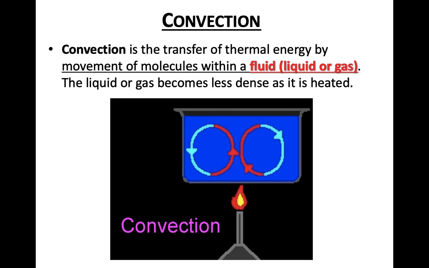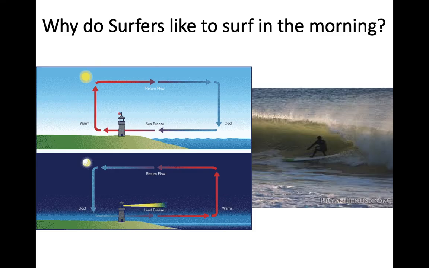In order to explain how convection works, after you've written down this definition, we're going to move over to the right side of your note sheet and I'm going to go through a detailed explanation. Now, if you've ever been to the ocean, unfortunately in Colorado, this is not a sport that we are able to entertain, but the sport of surfing is highly dependent on the thermal energy transfer process of convection.